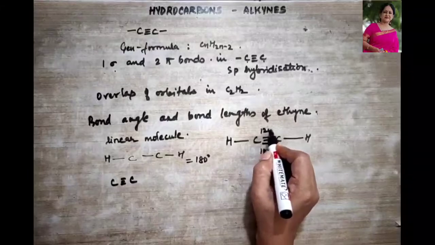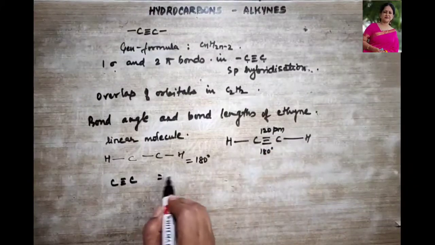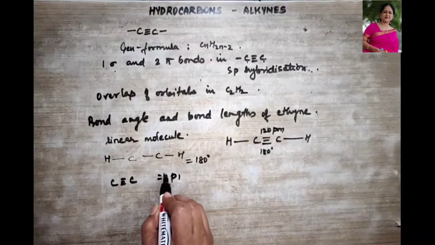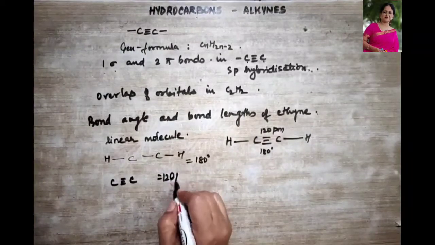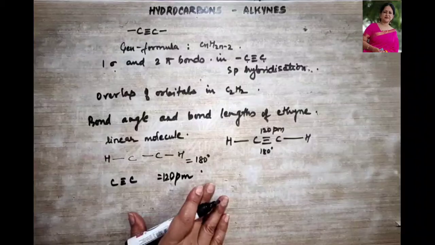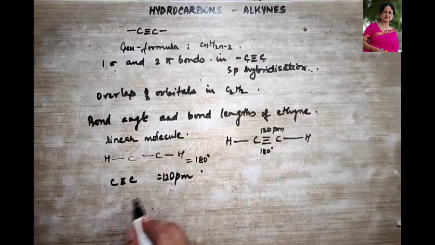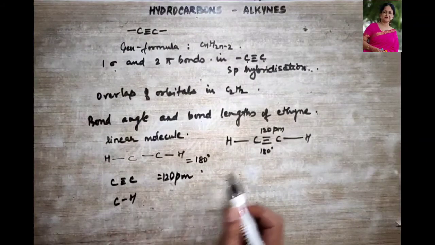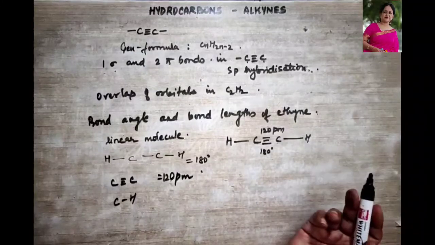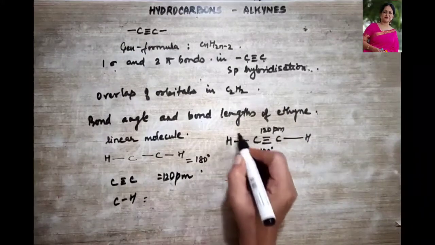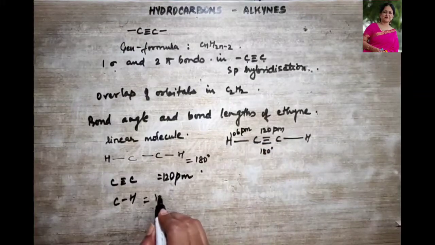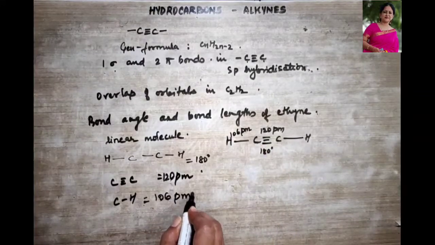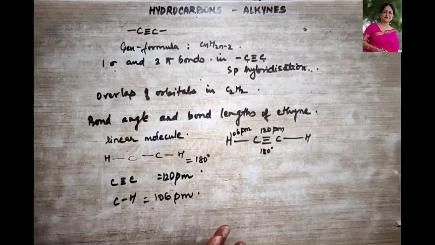This is your 120 pm, picometer, right? Then look at carbon and hydrogen. This is 106 pm, right? This is 106 picometer, right? So I hope till here it's very clear to you.